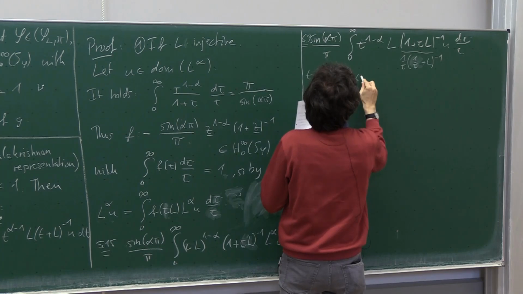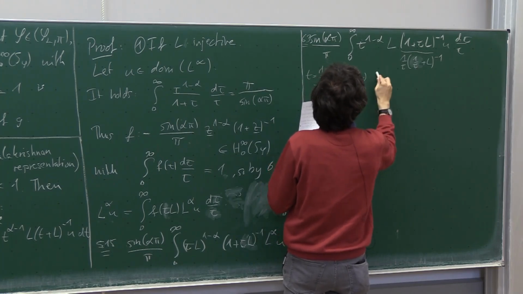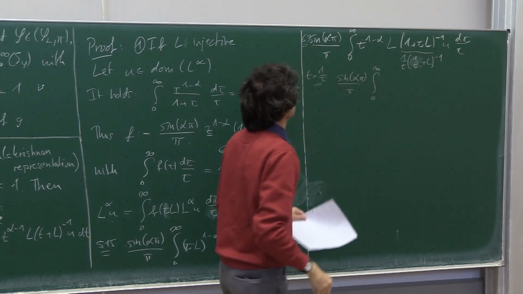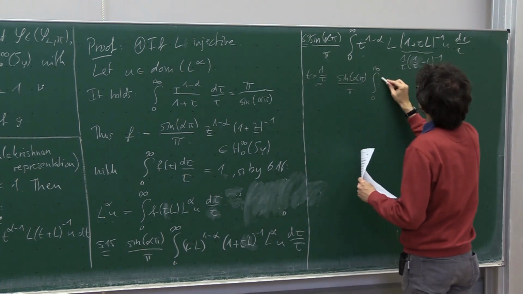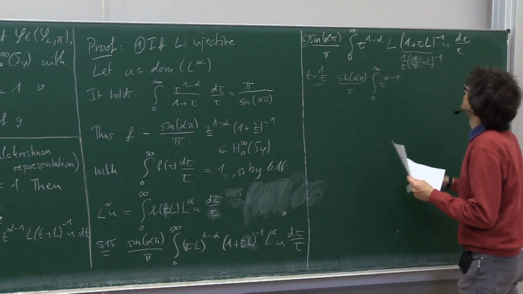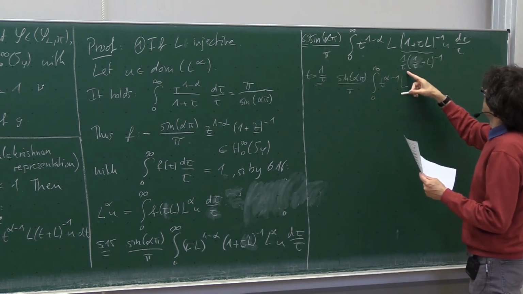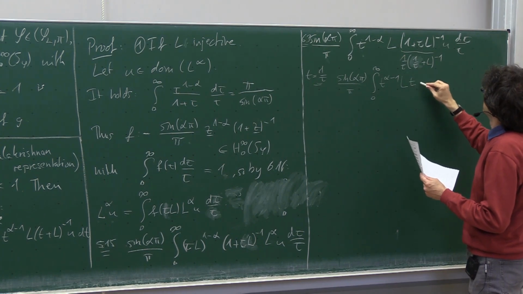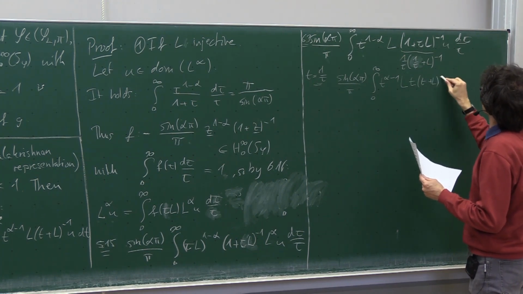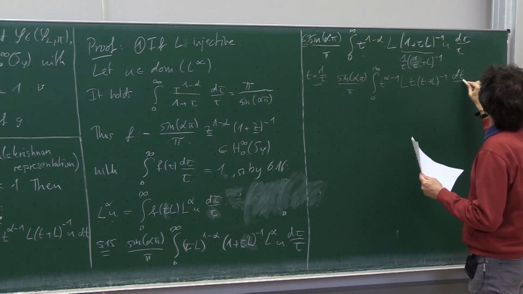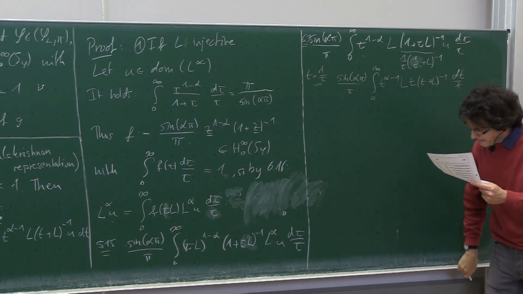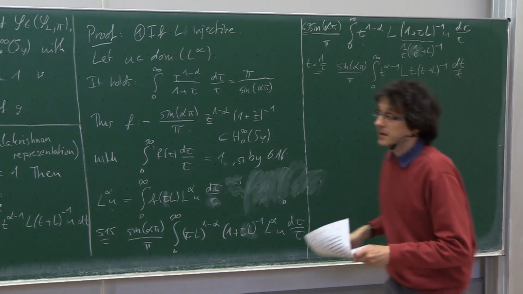So this gives me sine of alpha pi over pi. The integral is still from 0 to infinity. This gives a t to the alpha minus 1. The L is an L. This gives a t times t plus L to the minus 1. And it's again Haar measure, so this is dt over t. So this t cancels out.